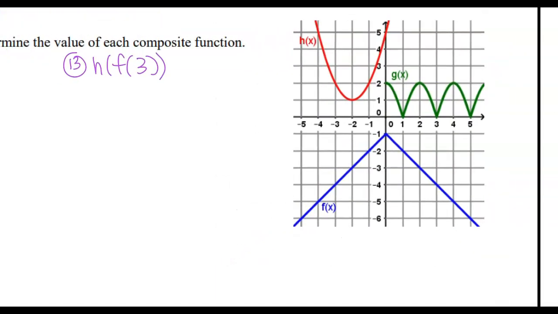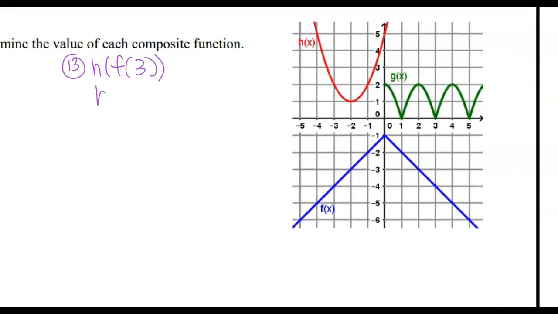So over here for h of f of 3, we first found h of negative 4, because at f of 3 we got negative 4. And now we're going to use the h function, which is the quadratic parabola that's opening up. Here's negative 4, and here's my point. Your point on the h of x graph is going to be right here at 5. That should be your answer.